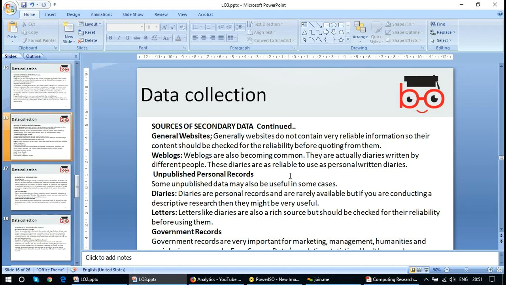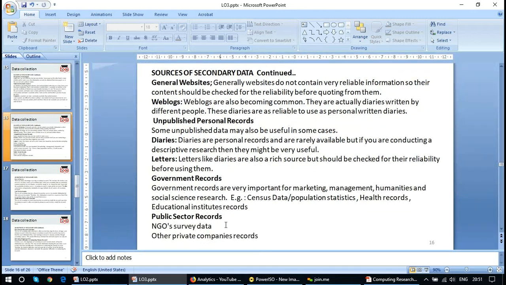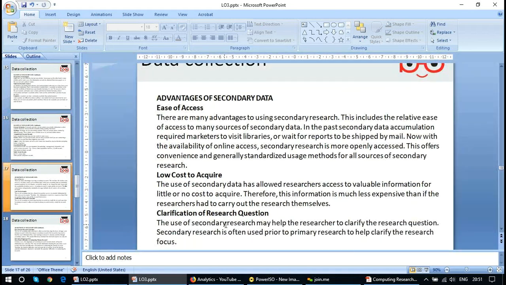Then unpublished personal records. Somebody did the research, but they haven't published it anywhere. It can be a secondary source. Diaries or personal records can be letters, government records, public sector records. All of them are secondary sources. It really depends how you want to use it, and obviously the authenticity of those secondary sources can vary from source to source.